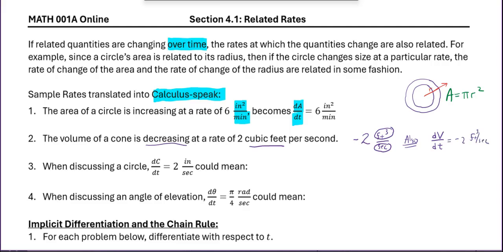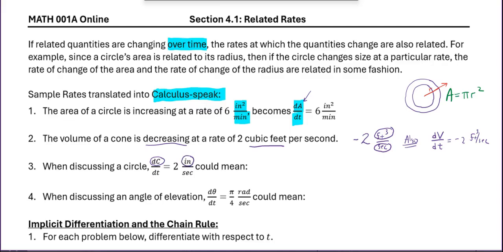So number 3, when discussing a circle, dC dt could mean what? Well, we already talked about dA dt would be the change in area, and you might notice that capital C could mean several things. But if we think of a circle and the letter C, we probably think of circumference, but we can examine the units for more. Notice that the units are inches, so not square inches, not an area, but rather just a length.